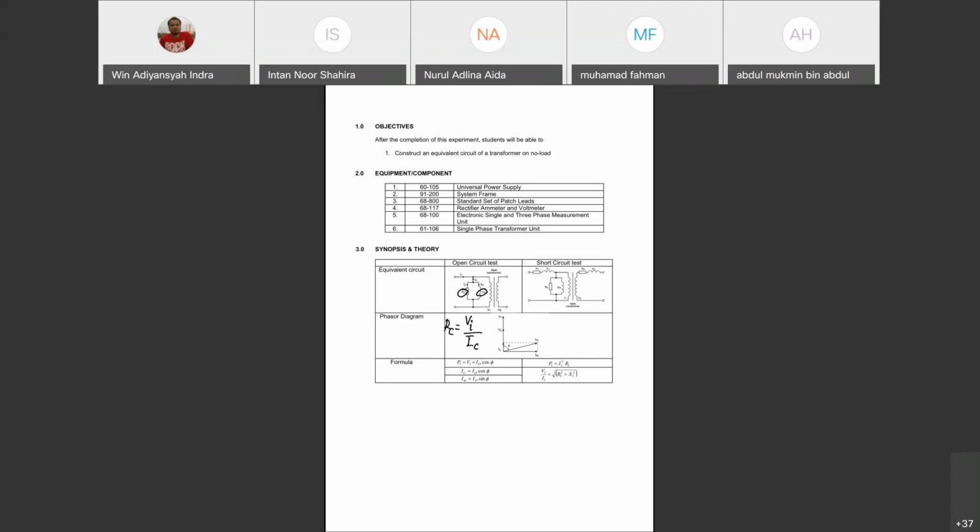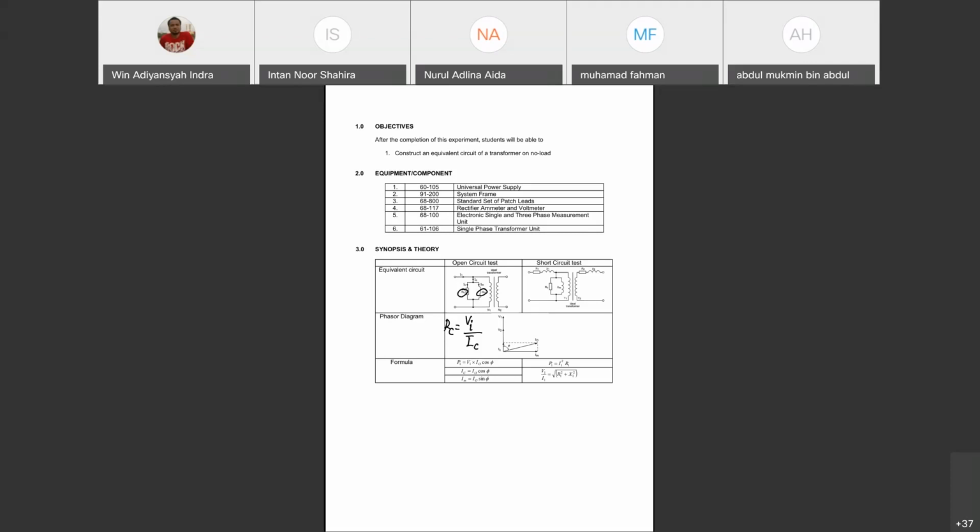V1 means the input voltage, the one you set. If you remember, you have to set V1 to what value?